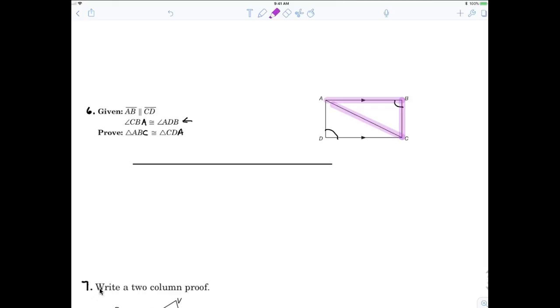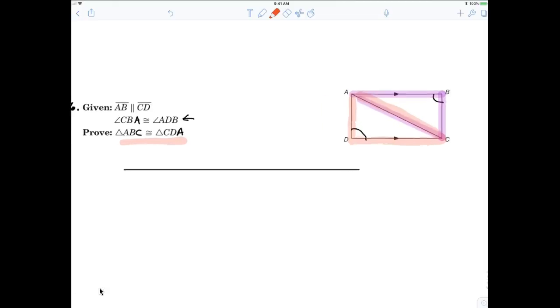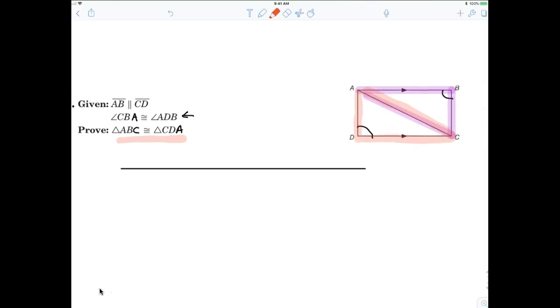You guys are talking for each other. Can I just talk to one person? I'm asking you. I'm trying to prove that this triangle is congruent to this triangle. That's all I'm saying, right? So that's what I changed down here, correct? Now, I'm looking at this angle CBA, and I'm saying CBA is congruent to this.